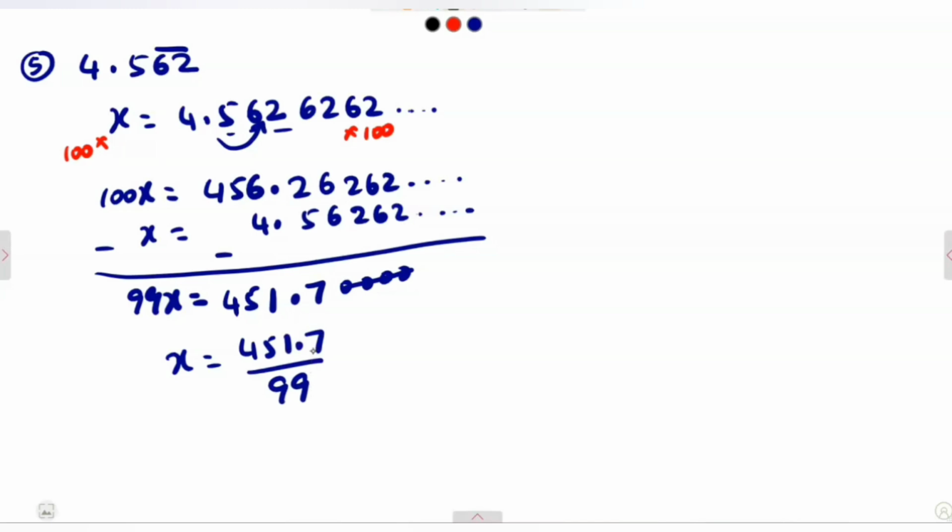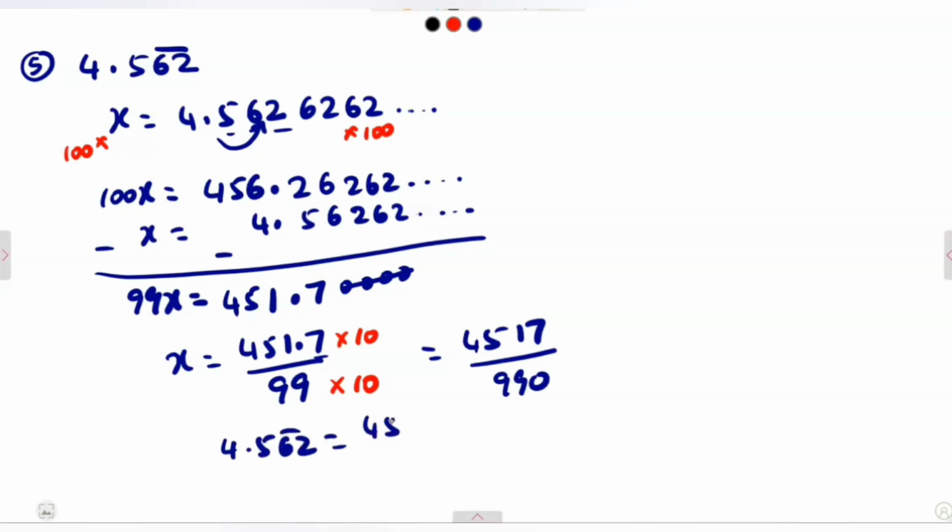As we have one digit after the decimal, let us multiply both sides by 10 to make it free from the decimal. We can write it as 4517, since the point moves after one digit, so the numerator is 4517 and the denominator is 99 times 10, 990. So this is your x value. That means 4.562 bar is equal to 4517 by 990.